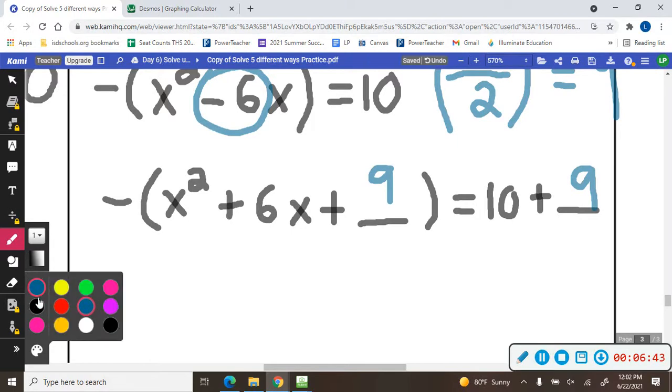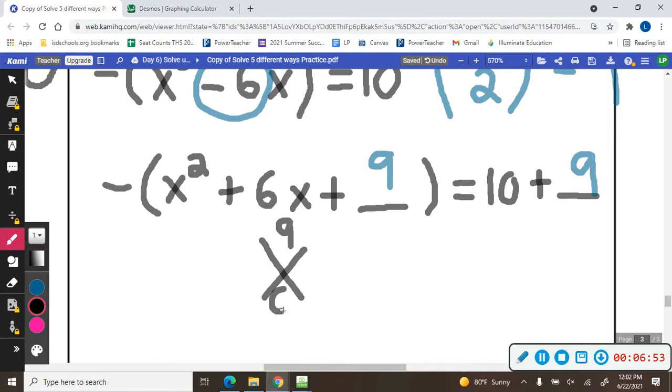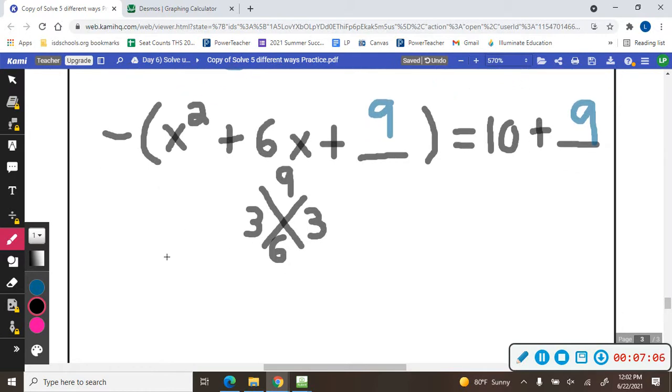From there, I'm trying to find two numbers that multiply to 9 but add to 6. That'd be 3 and 3. I already knew those two numbers were going to be the same because that's the process of completing the square. You get the same number twice.